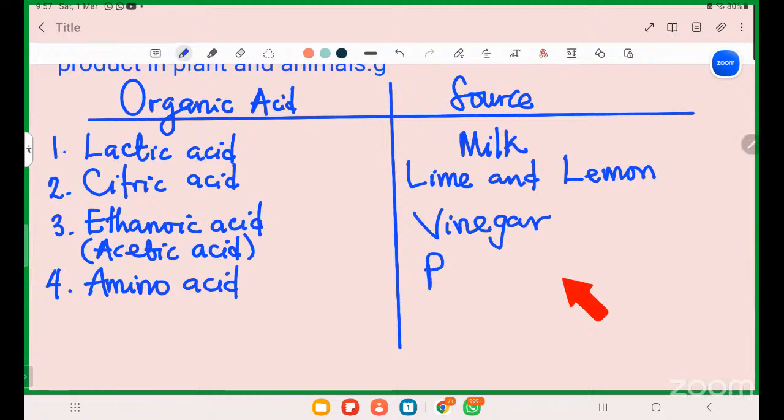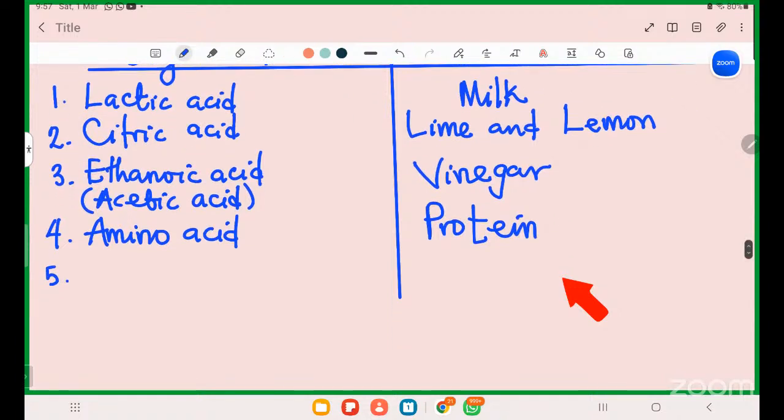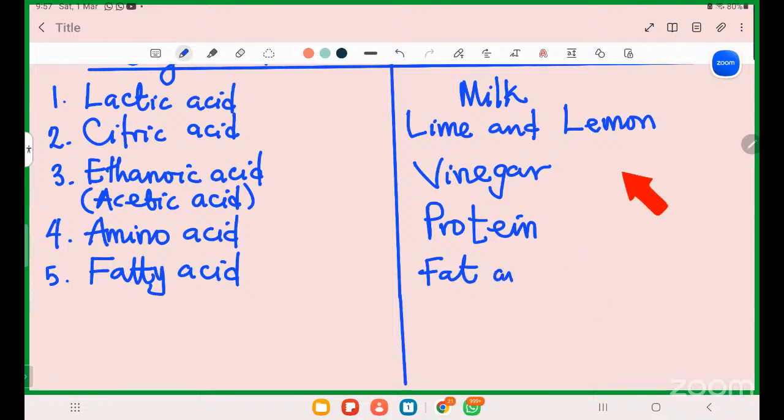So the source of amino acid is your protein. Another example of organic acid is the fatty acid. What is the source of fatty acid? That is fat and oil.